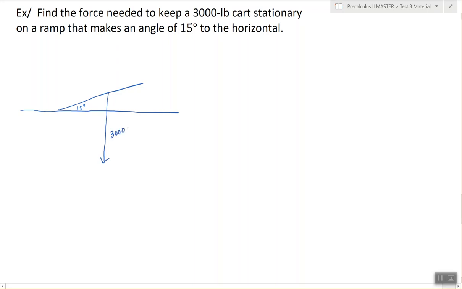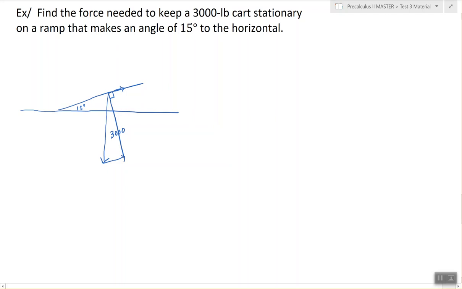What we want to happen is to have a force pulling this way on the cart, so that we can add that. We can even add it head to tail down here, like so, that we end up with an angle that is a right angle to the angle of the ramp.